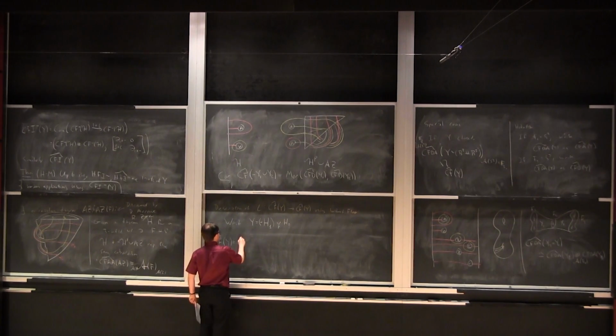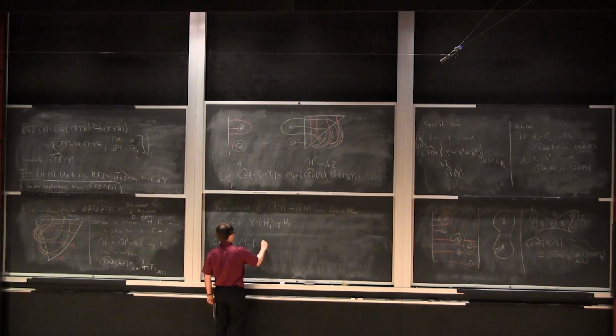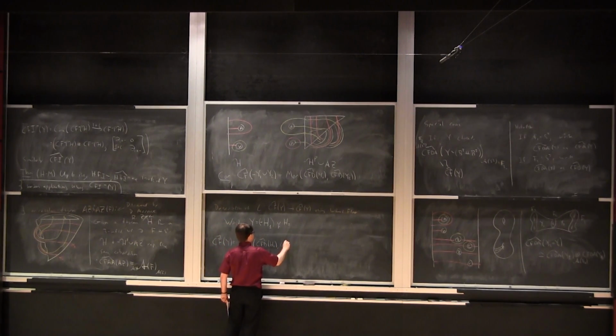This is, by that previous theorem, the complex of morphisms from CF d hat of h1 to CF d hat of h2.